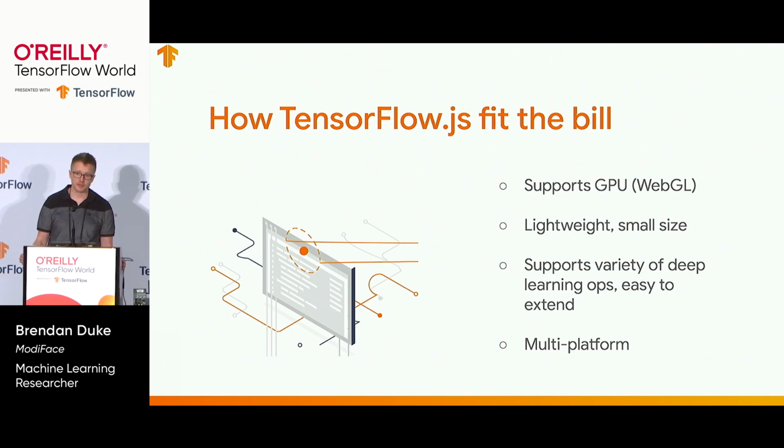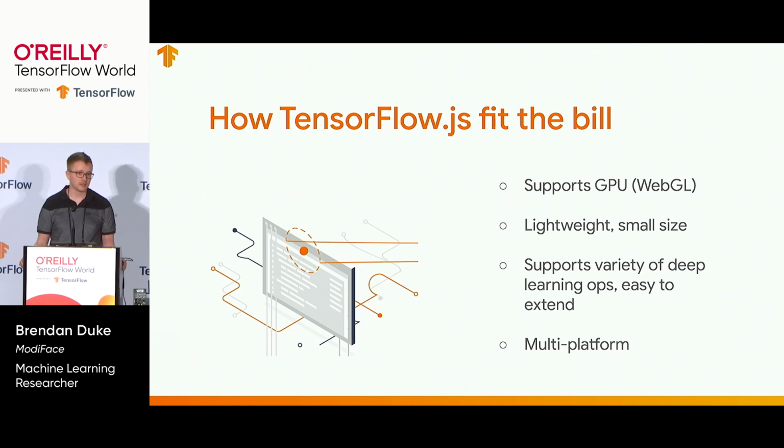And second of all, the TensorFlow.js library is small and compact. We were able to package the library in about 700 kilobytes. And combined with our roughly 400 kilobyte model sizes, we were able to fit everything within the WeChat mini program file size limit.